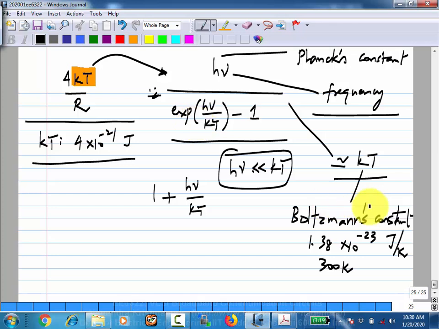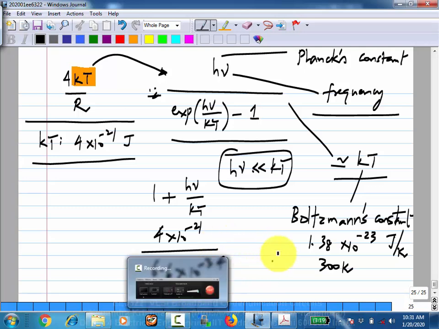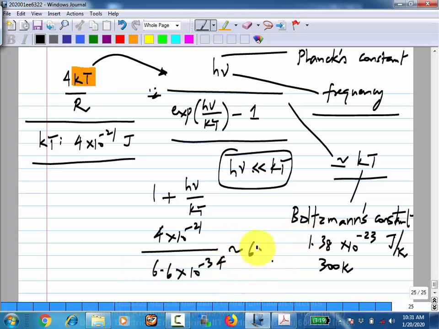So this nu is 4 times 10 to the minus 21 divided by h, which is 6.6 times 10 to the minus 34, which comes out to roughly 6 times 10 to the 12, so 6 terahertz. This says that for frequencies much less than 6 terahertz, this approximation is valid.